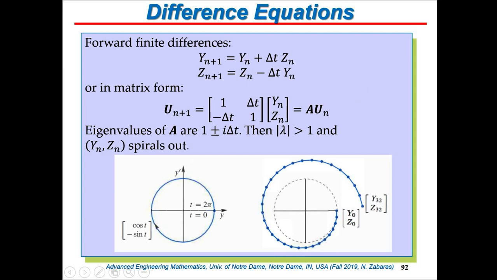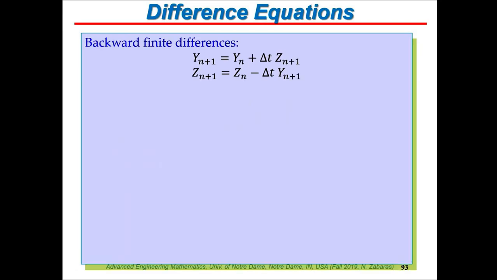Okay, so let me do another type of finite difference approximation, and in this case, I'm going to use a backward finite difference approximation. So the equations look the same as before. The only difference is that the velocity and the displacement are being approximated on the right-hand side at time n+1.